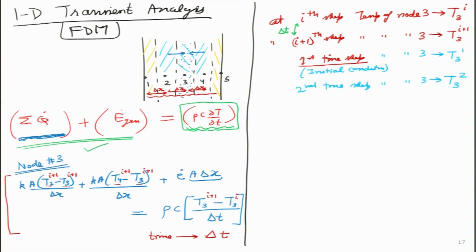And when I choose to put the I plus 1 superscripts on the left hand side as well, what technically I have done is, if I am choosing I plus 1, then what it means, I am using the implicit method or the implicit scheme.